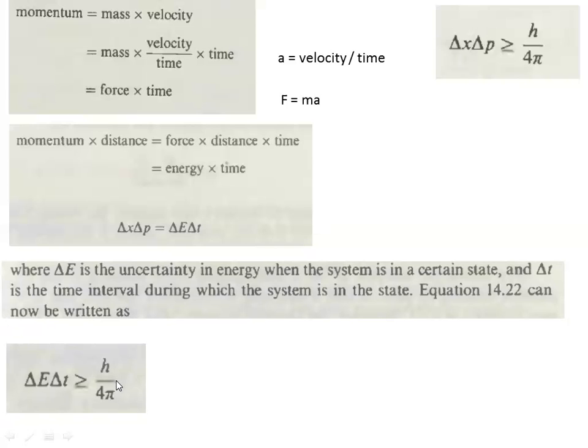One is the position, another one is the momentum. And the other one is the energy and its time. So you can measure the energy. Energy is the kinetic energy of the electron, and you can also measure the time it takes to travel from one point to another point.